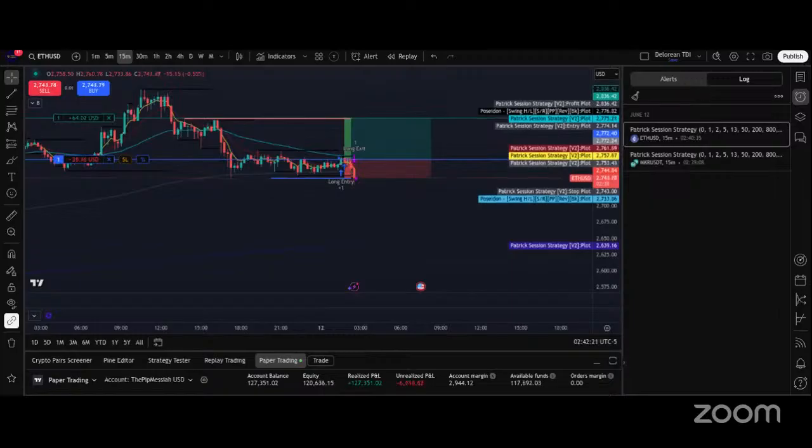Like I said, I've been on a tear. It's kind of a rare instance where I've lost back-to-back trades on something like that. But it is what it is. I don't win everything.